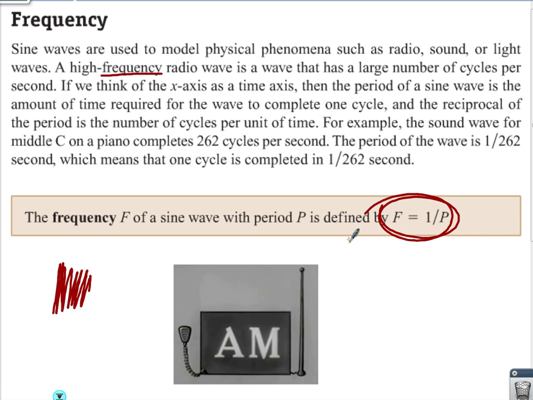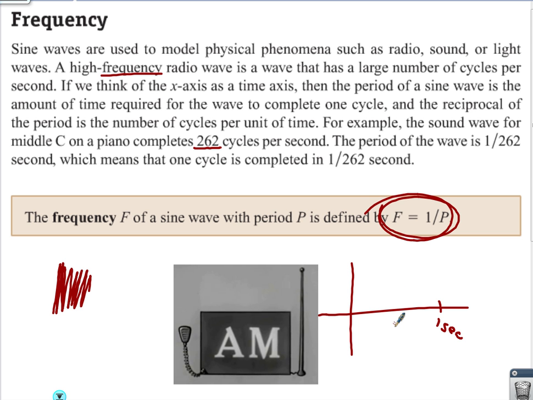For example, the sound wave for middle C on the piano is 262 cycles per second. That is the frequency, right? The sound wave completes 262 cycles per second. If it completes over 1 second of time, in that 1 second, it completes 262 cycles.